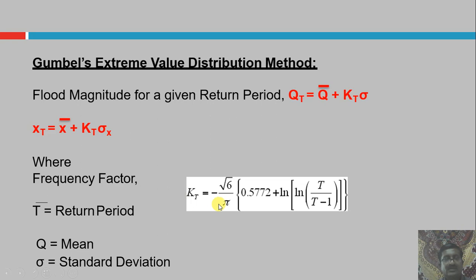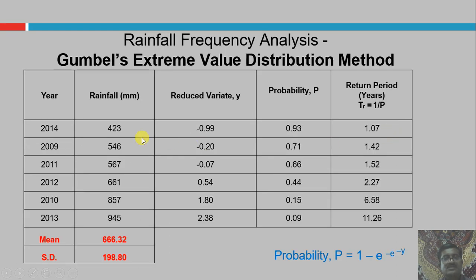That is calculated using this formulation, where T is the return period, Q or X is the mean, and sigma is the standard deviation. Very simple, but when you are actually solving, it will be more in sequence. It is plotted in the same way as the year and rainfall. Now here, instead of plotting in decreasing order, the reduced variate is calculated and plotted.